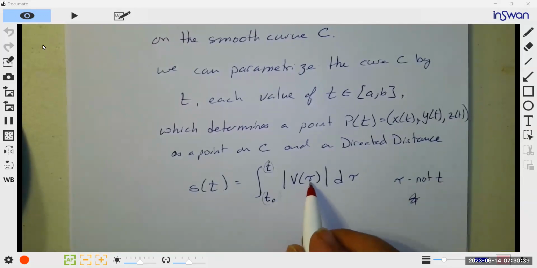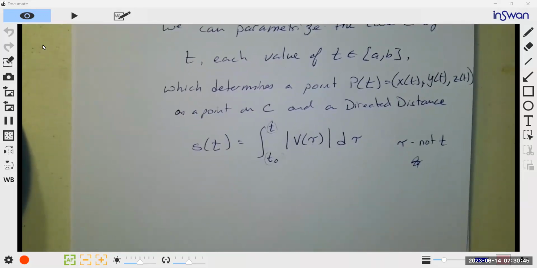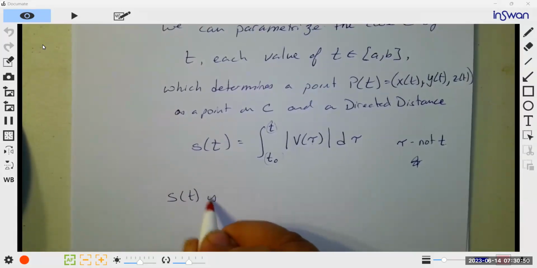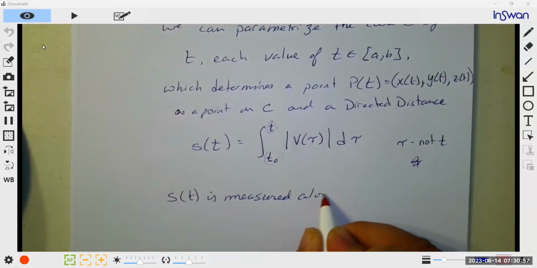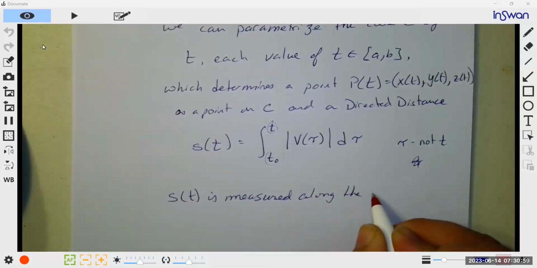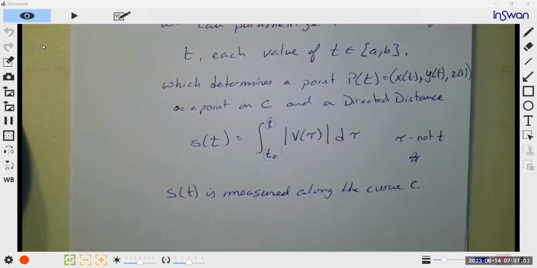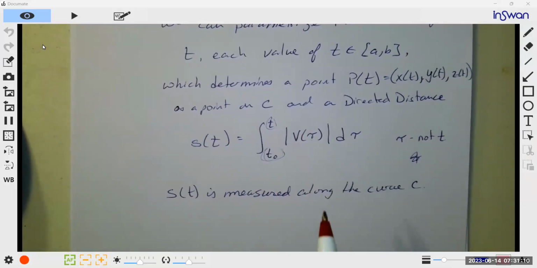So we're integrating with respect to tau. S of t is measured along C, starting from its base point, t sub 0, to the end.